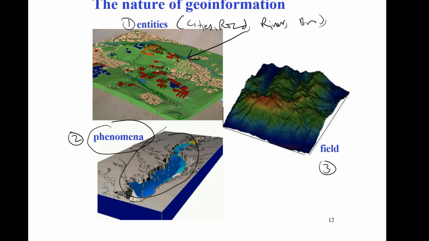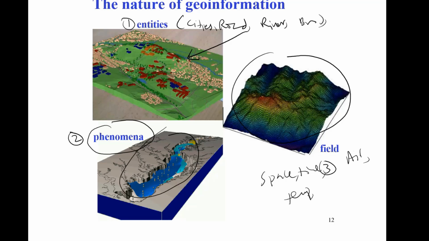And then we have the field. A field is a set of spatially continuous functions in terms of space, time, air, temperature, soil, moisture, etc. So first we were here, and then we reached that spot, and now we are here in the field.